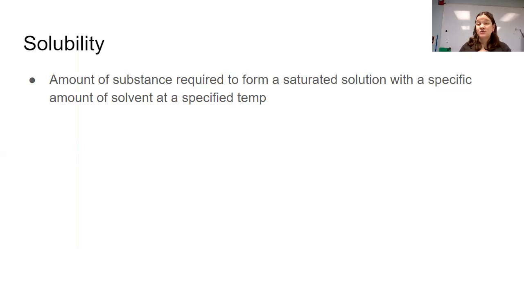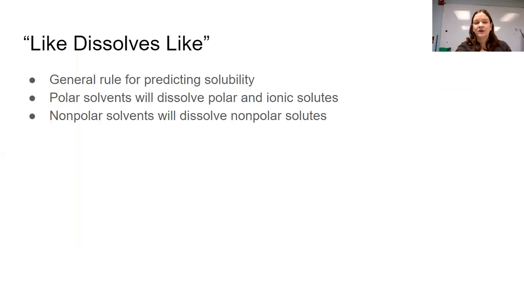This is temperature specific, and it also depends on how much of your solvent you have. So usually when we're describing this, our amount of solvent is going to be 100 grams of the solvent, 100 grams of water or whatever.